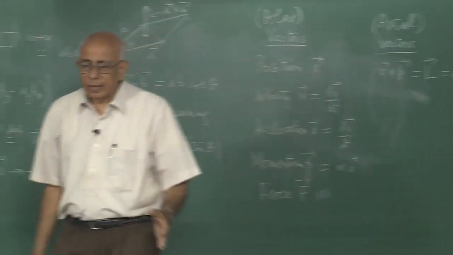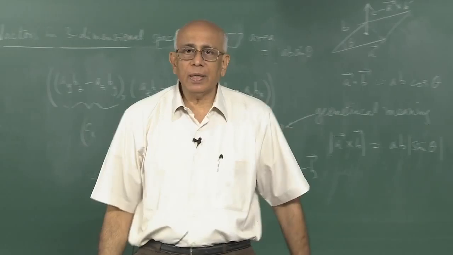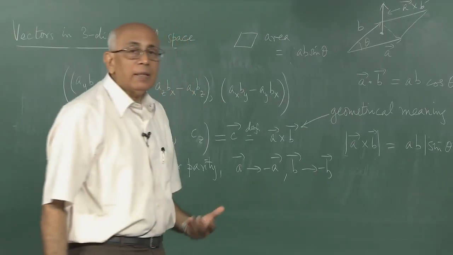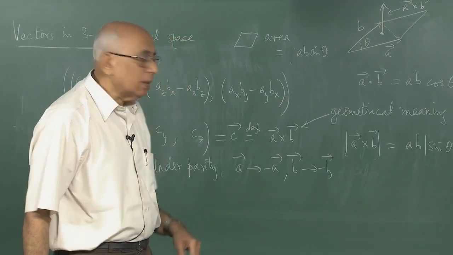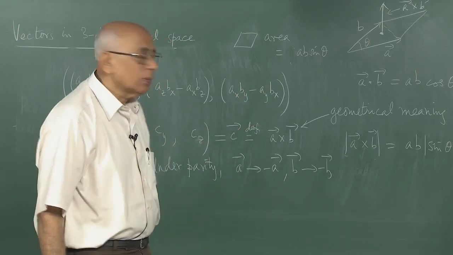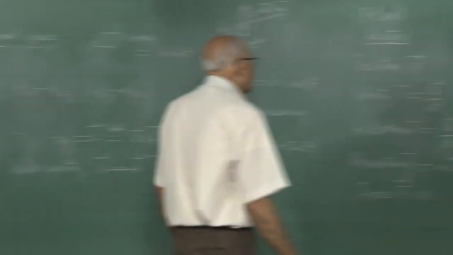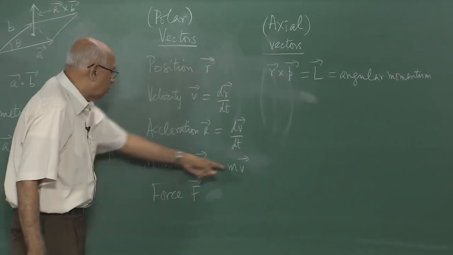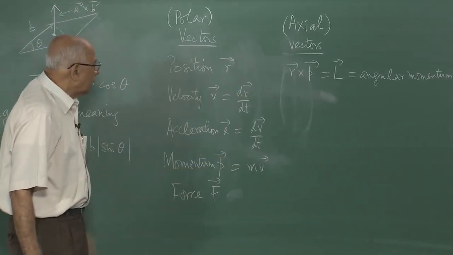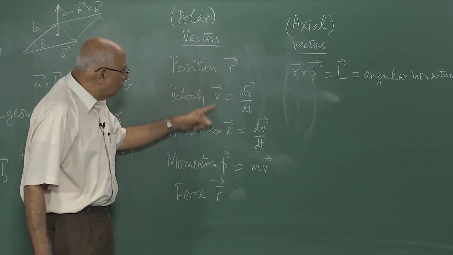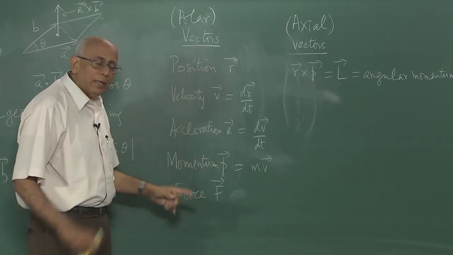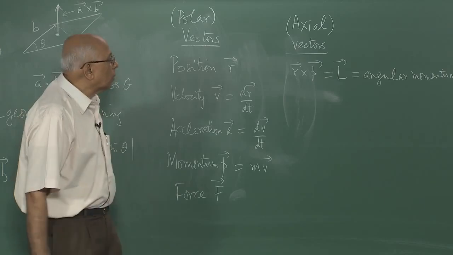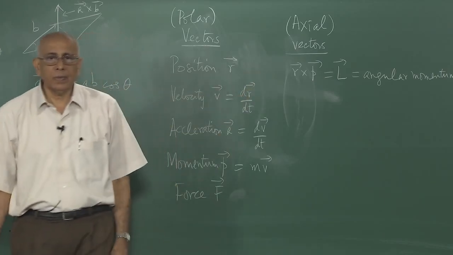It behaves exactly like a vector does under rotations of the coordinate axis, but the moment you have a parity transformation, it does not change sign, unlike what a vector really does. Okay. What about r cross v? Well, it is going to do exactly what this does, because v and p just differ by this constant multiple here, and so on. So whenever you take two vectors from this column here and take the cross product of the two, you are going to get an axial vector out there.